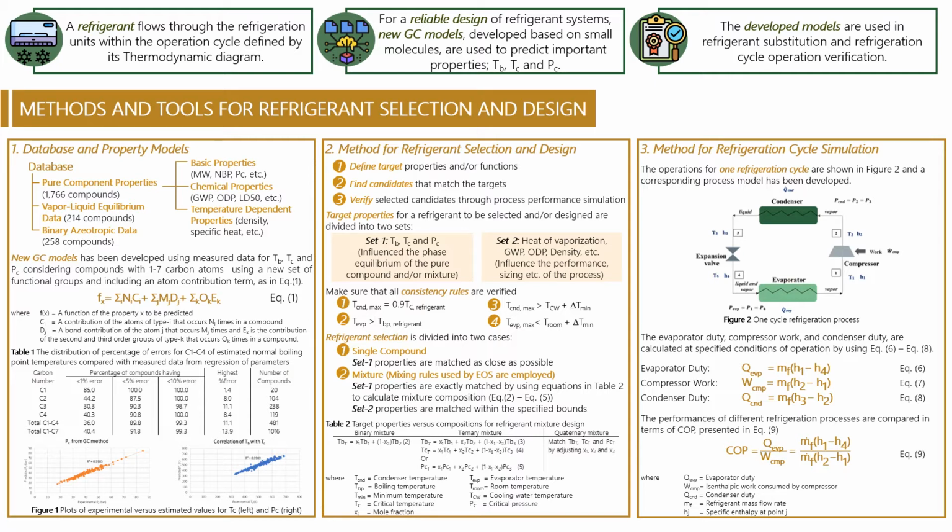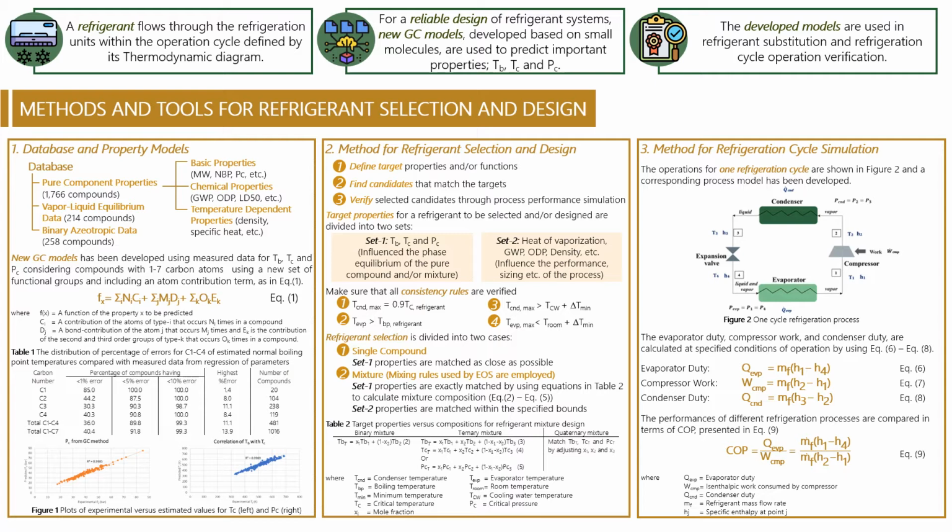The model performance for critical temperature and critical pressure, correlated as a function of boiling temperature, is shown in figure 1 in terms of plots of estimated property values versus measured property values together with R-squared statistics, which show very good model accuracy.